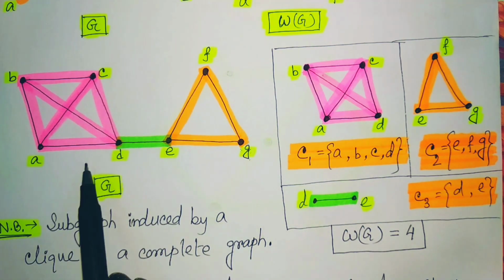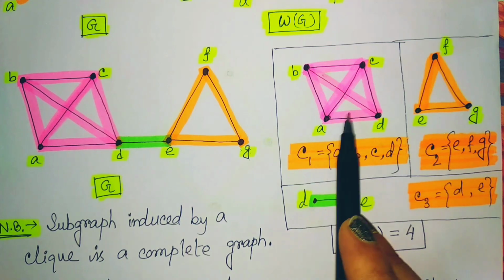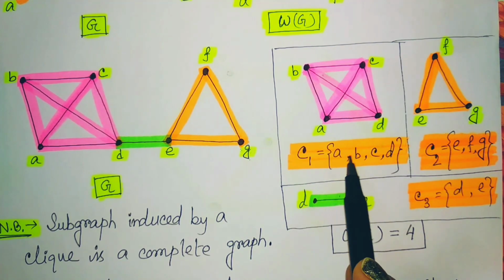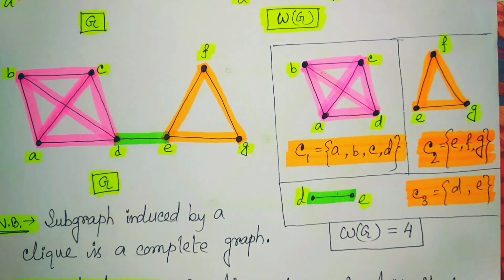So for this particular graph, three cliques are possible, and all of these are maximal cliques, but among these three, this one is the maximum clique. The maximum clique has the highest number of vertices, and this highest number is called the clique number.